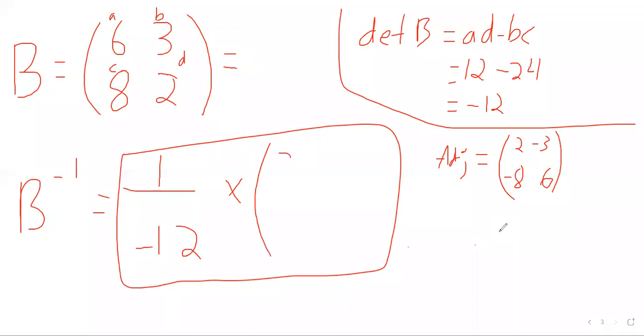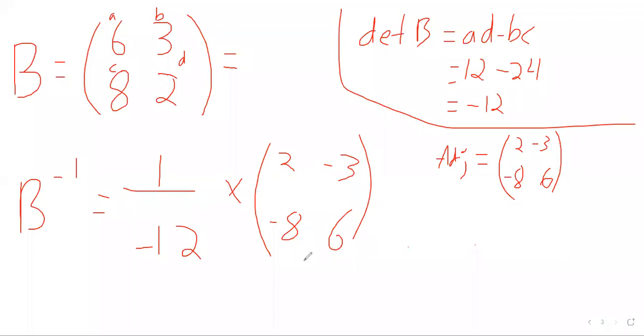So let's plug it in. 2, negative 3, negative 8, and 6. And just like we did before, we just multiply it out. So negative 1/12 by 2 will be negative 1/6.